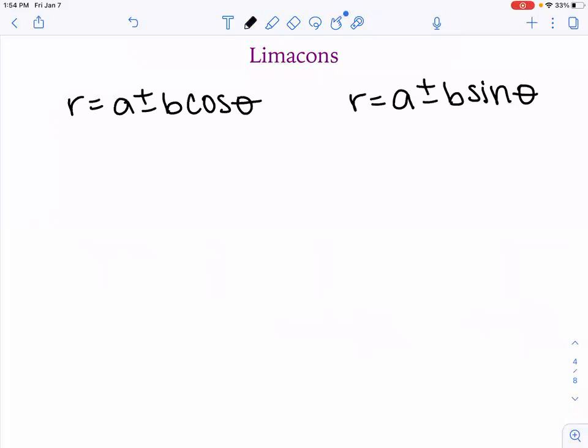If you call them limaçons, I don't care, but I'm going to pronounce it limaçons.